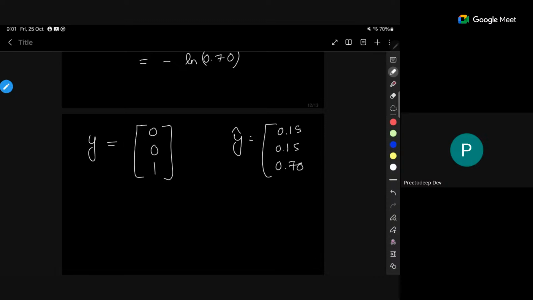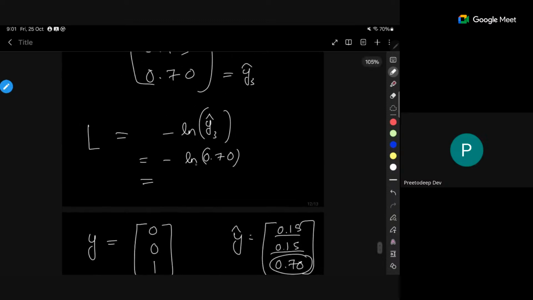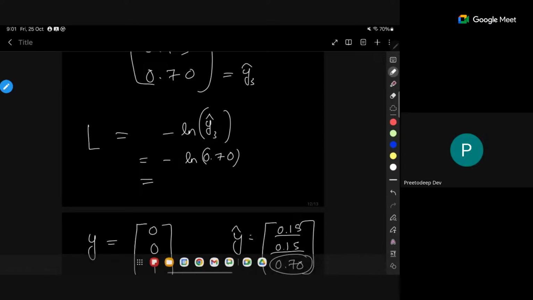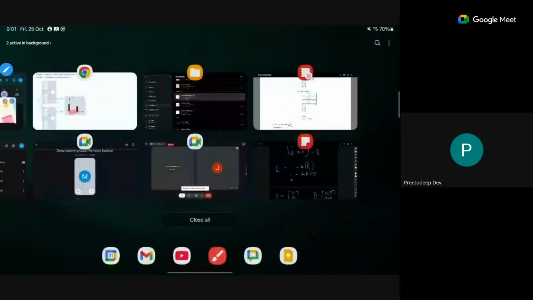If I write cross entropy, L is the summation, so y1 and y2 will get reduced to 0 and you'll just have y3. I get this value: ln of 0.70, and that value is going to be 0.35.